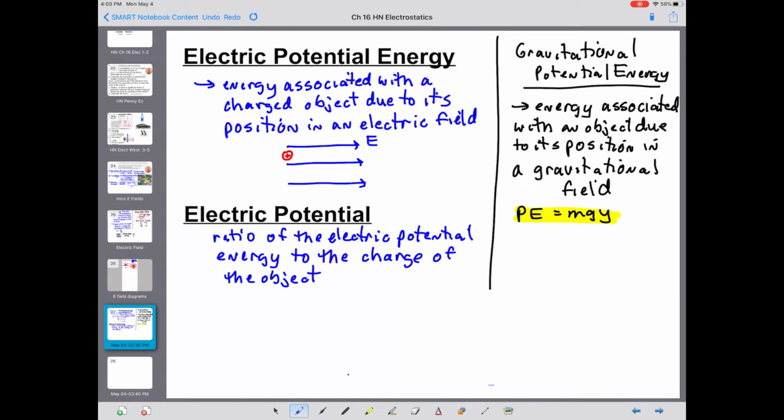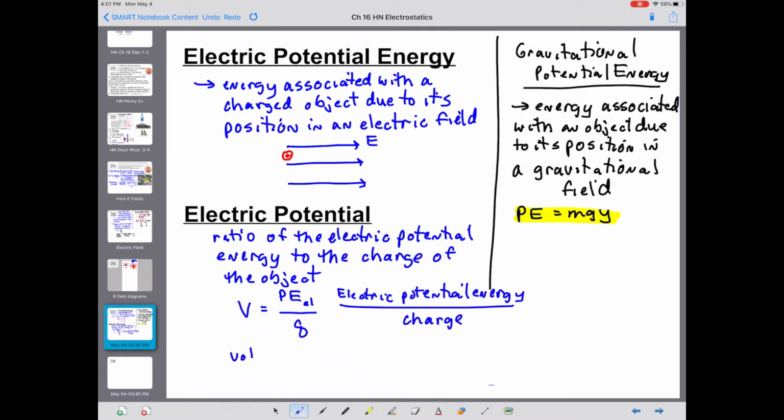So then in symbols, V is your symbol for electric potential. That's going to be equal to electric potential energy, PE, just like we used for gravitational potential energy, but we'll subscript it with an EL for electric, divided by charge, Q. In units, the unit of electric potential is a volt, and that's why the symbol V is used, and a volt is equal to a joule per coulomb.